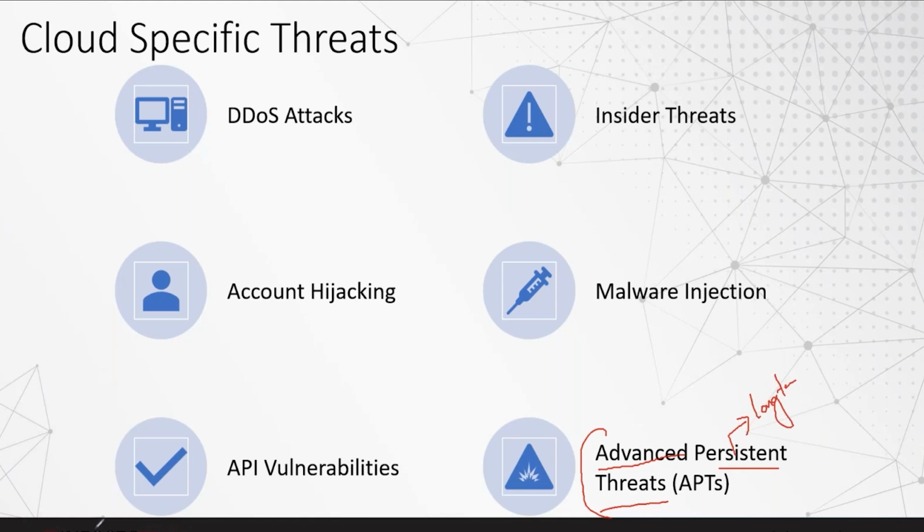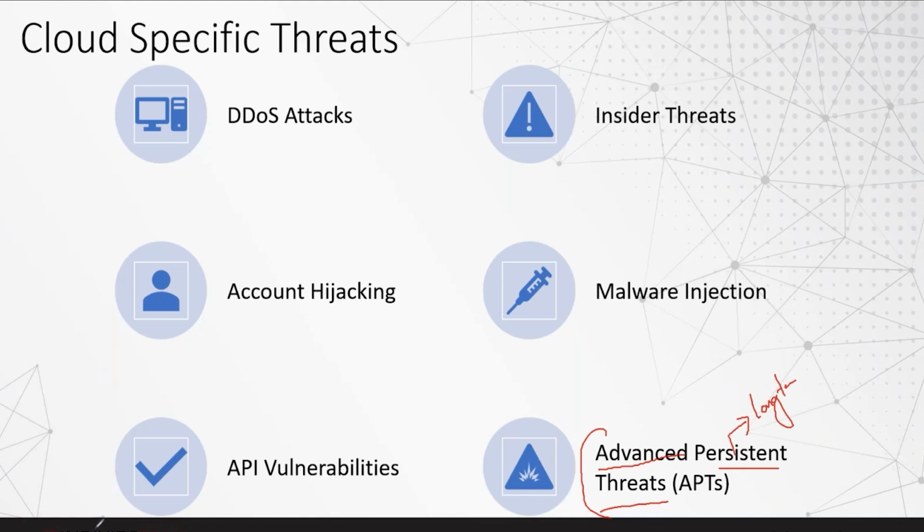For example, I find some vulnerabilities in your company network, enter your organization, and install some rootkits or backdoors. Without causing any trouble to you, or getting noticed by any of your security solutions, I take your data out of the company, or I continuously monitor every activity, your emails, your data, and everything.